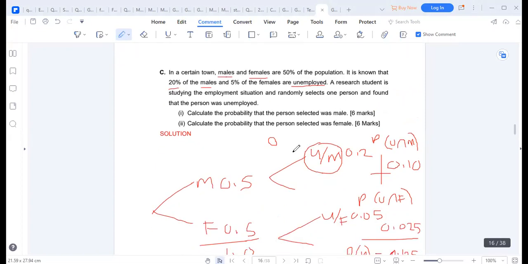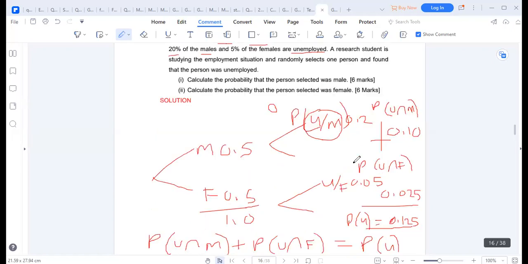Let's go here. Probability of unemployed coming from the female. So you can't put U down there. It will give you an idea of what comes down there. Even if you don't know how to do this, just know U is coming from there. So unemployed coming from the males, 20%, which is 0.2. And probability of unemployed coming from the females, 0.05.